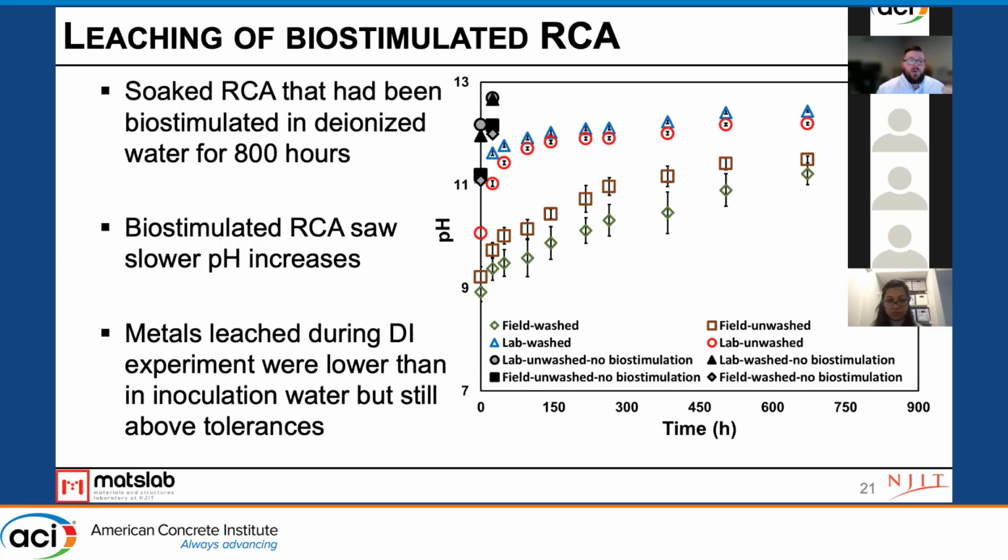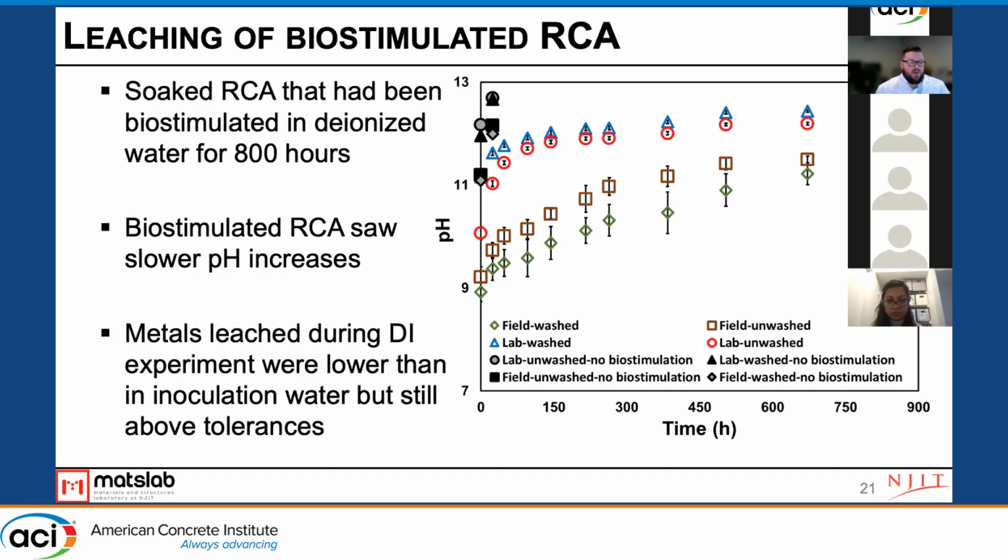And so this is showing that the fast movement of water will not have time to see significant uptake in pH. So if we can biostimulate the RCA before it gets stored, we can actually reduce some of the impact of that runoff.